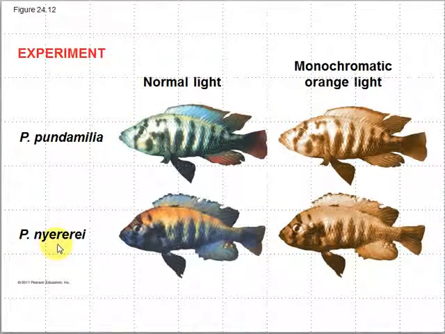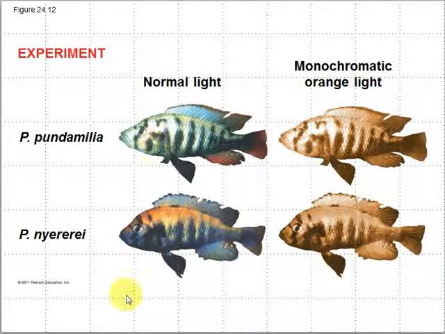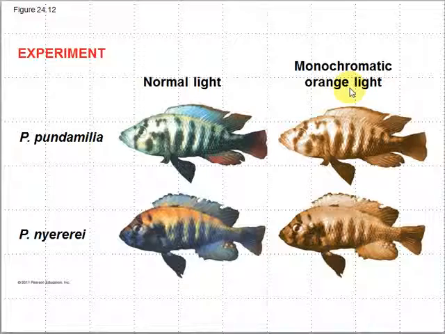But then what they did was, in the aquarium in the laboratory, they put on a monochromatic orange light which kind of washes out all the color. So now the fish see this, and the males of the two different species look very much alike. And what they found was, when they did that, the females weren't nearly as choosy. The females would tend to interbreed one with the other.